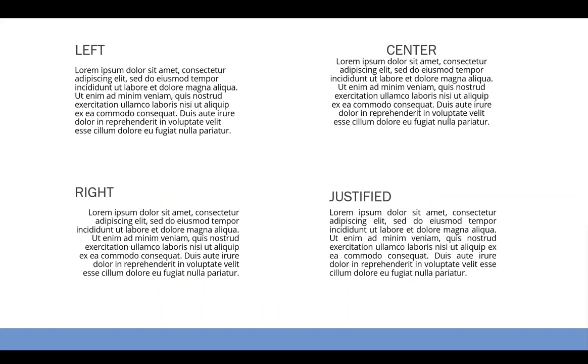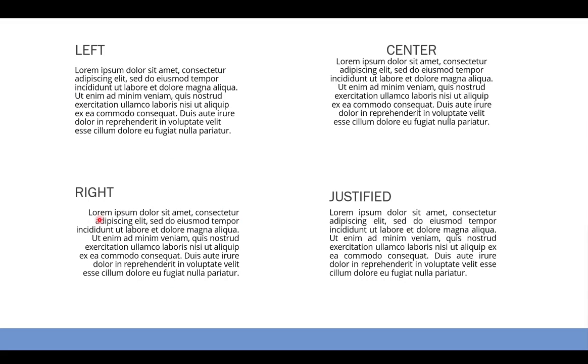So here's the types of alignments. So left alignment, we have this straight hard line on the left, and right alignment, there's the straight hard line on the right. Okay, so because we read left to right, most of our stuff is in left alignment, because after my eyes get to this line, it goes right back to the beginning of the next line, and that actually makes it easier to read.